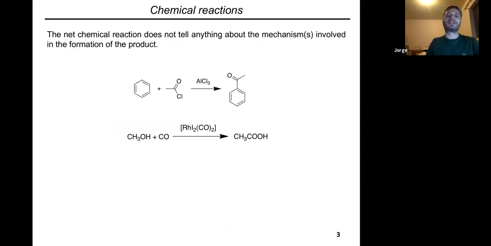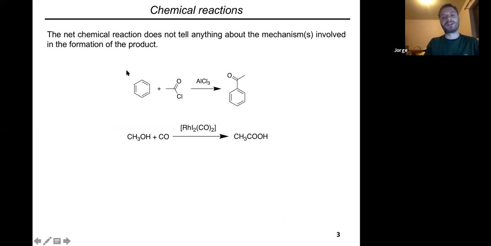Okay, let's start talking about chemical reactions. When we see a net chemical reaction, it does not tell anything about the mechanism or mechanisms involved in the formation of the product. And here I'm showing you two different examples.